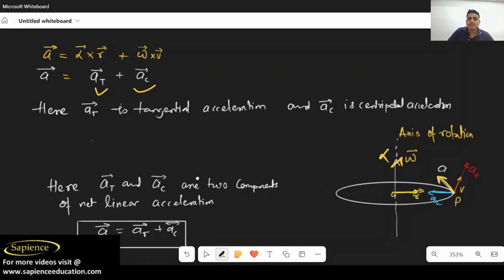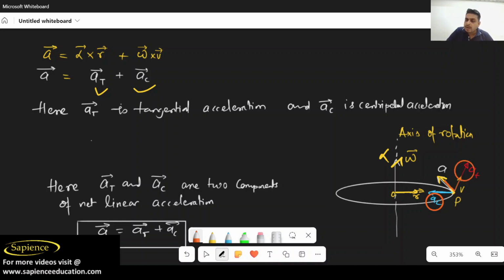So try to understand alpha cross r. At this point we get two accelerations: acceleration toward the center and acceleration along the tangent.